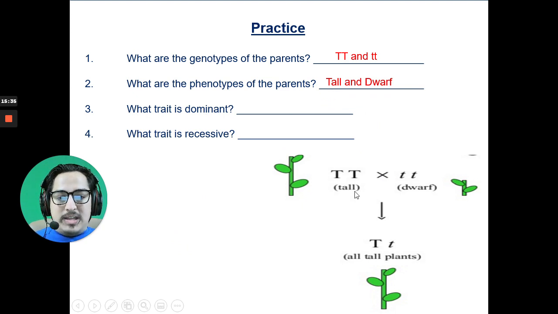Well, in this case, the capital T is with the tall and the lowercase t is with the dwarf. So in this case, tall is dominant. And which one is recessive? Which one is weaker? The other option, which is dwarf. Okay? So that is all. If you didn't understand, make sure you ask. There's a practice to go with this. Okay? Thank you.